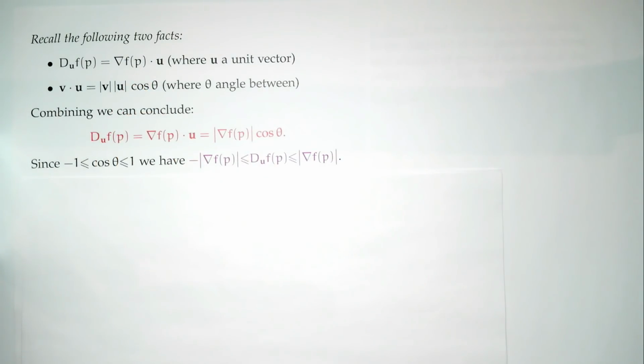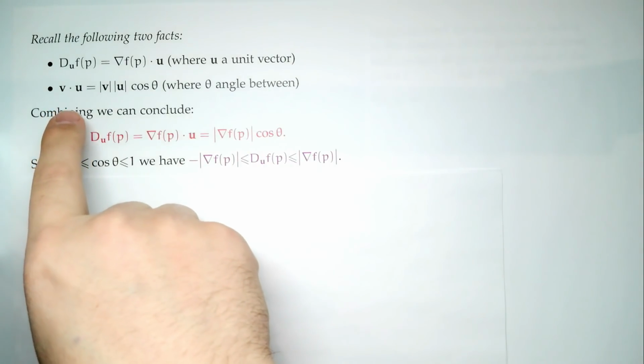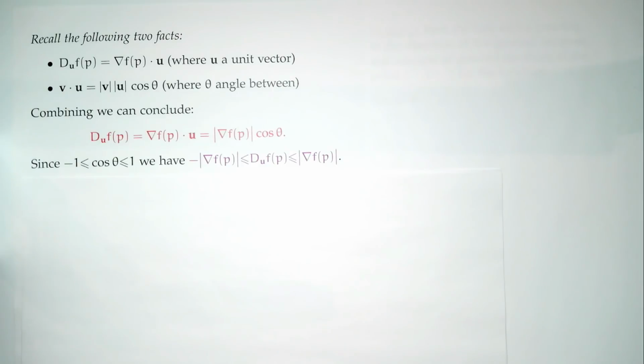Now, the dot product has a nice property. That's the other thing to recall. V dot u, the way you can find this, and when we say find this, we mean geometrically, is you take the magnitude of v times the magnitude of u times the cosine of the angle between the two vectors. So let's combine these.